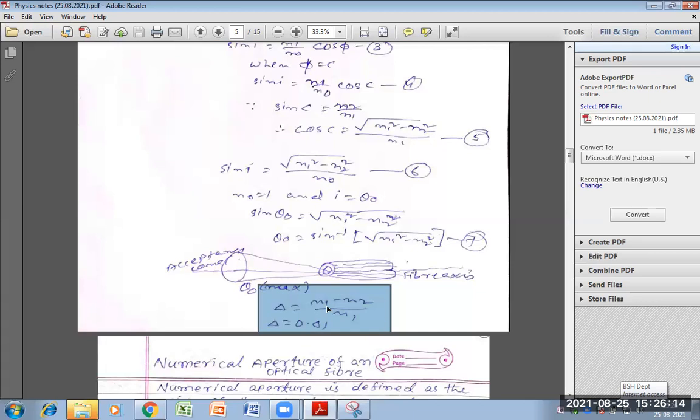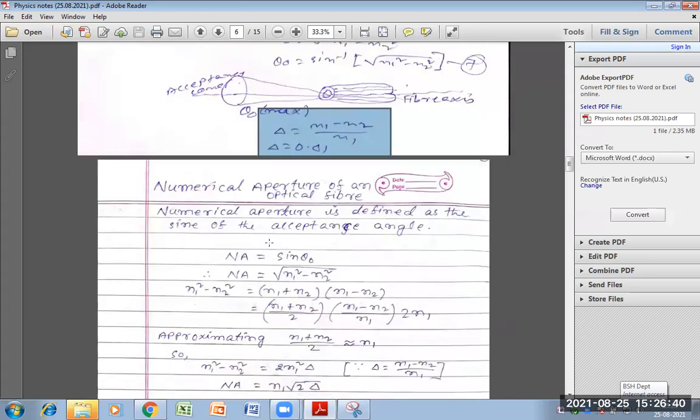So the next part is the numerical aperture of an optical fiber. Numerical aperture is defined as the sine of the acceptance angle. Here I have written: NA is equal to sine theta naught.